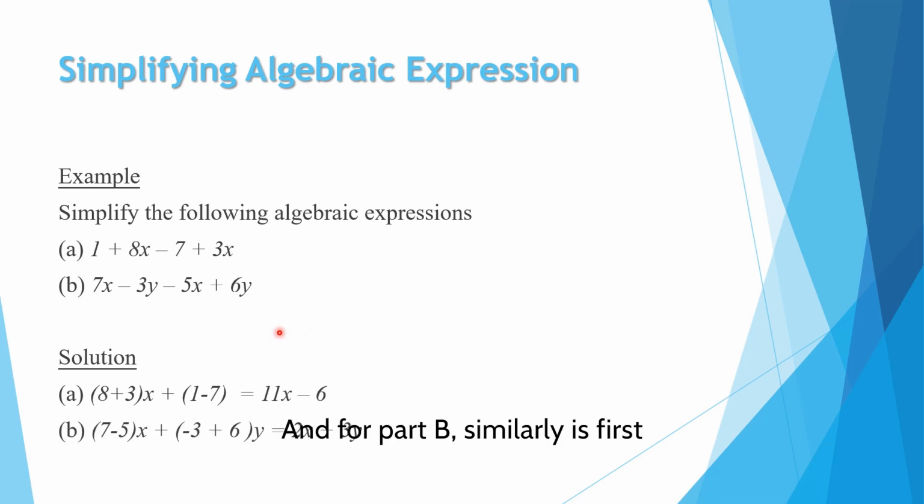And for part B similarly, we first search out which ones are like terms. 7x and minus 5x are like terms, so we can put them together. Minus 3y and 6y also like terms.